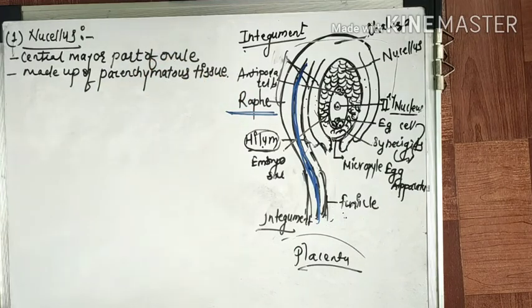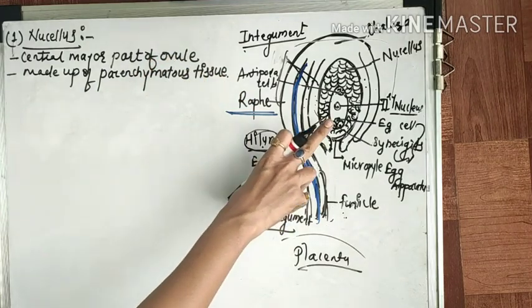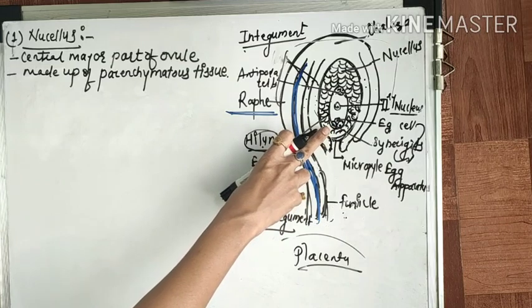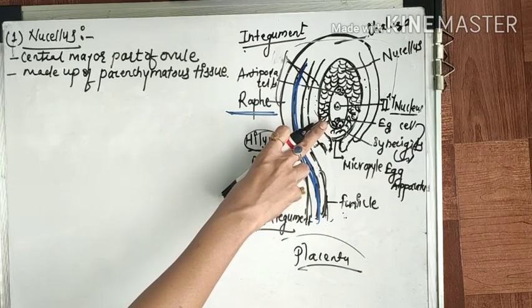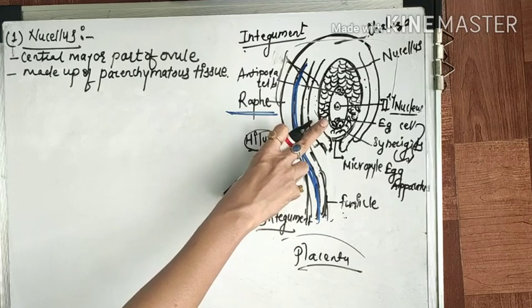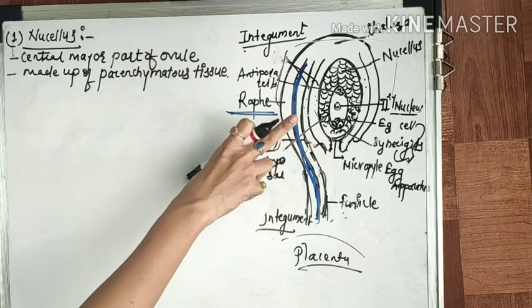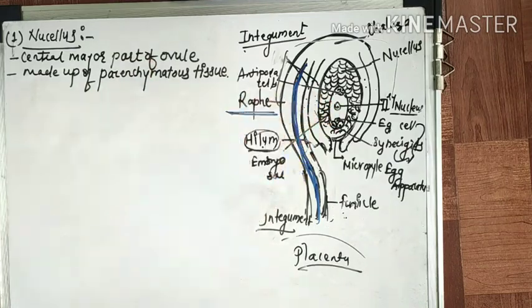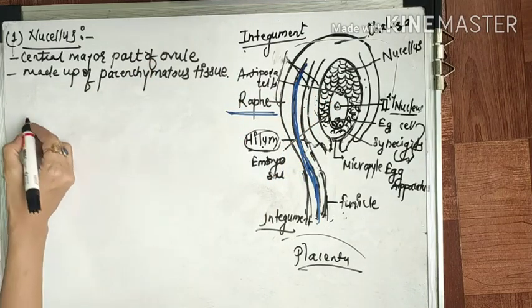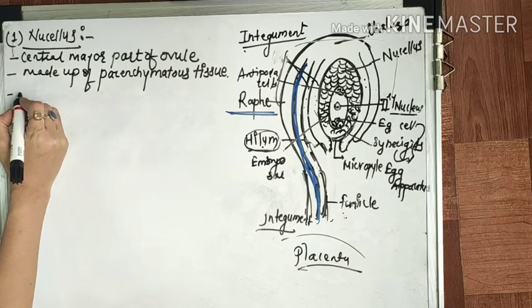Now this nucellus contains the female gametophyte. Actually, the female gametophyte is contained by the nucellus. The female gametophyte is also known as the embryo sac.